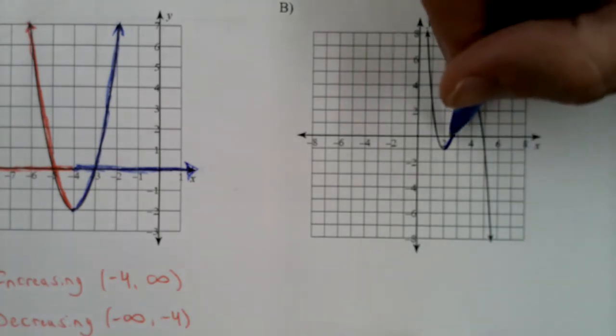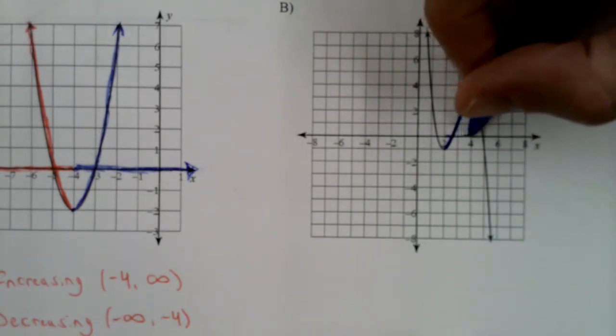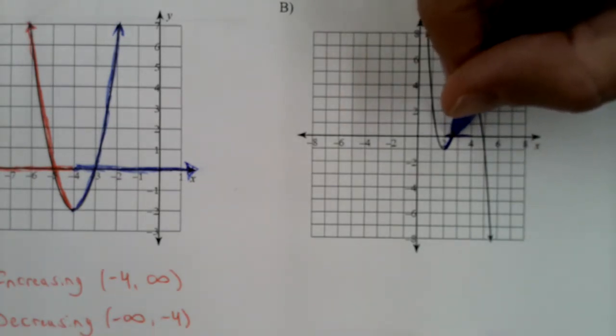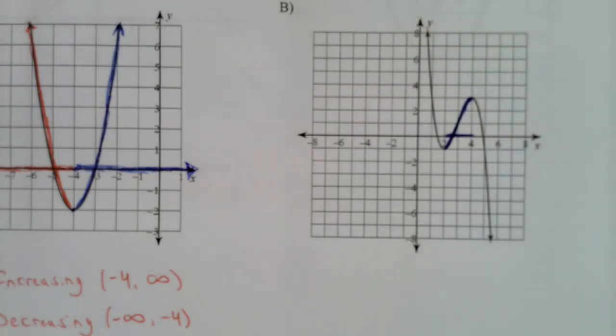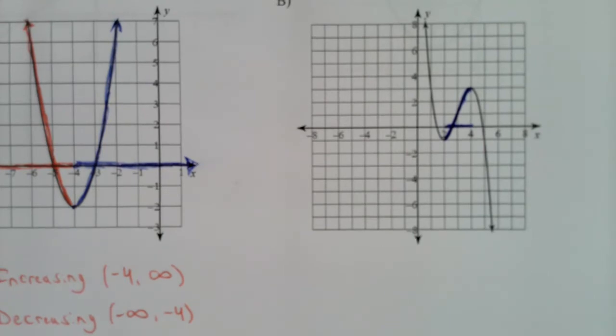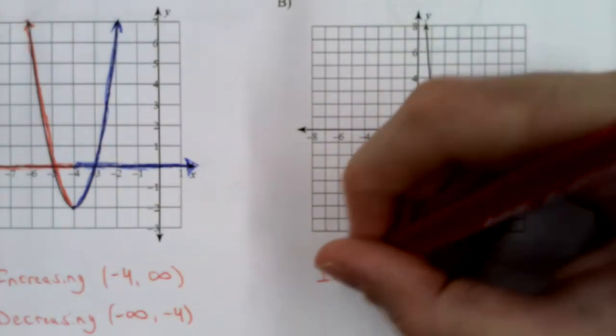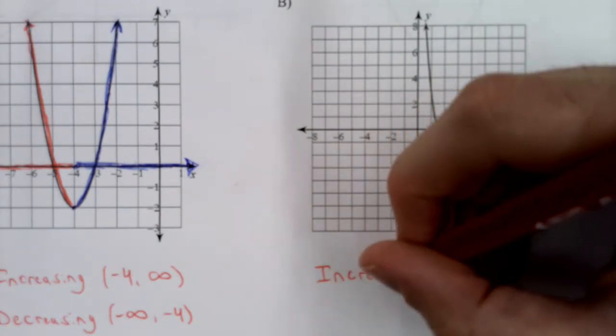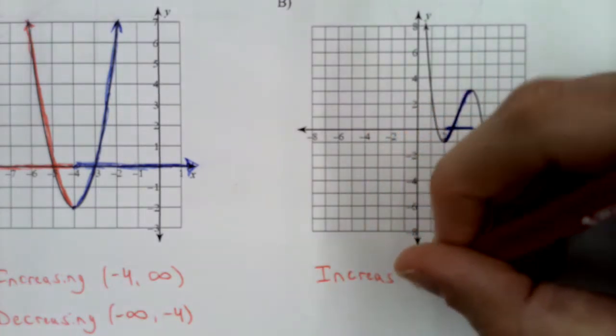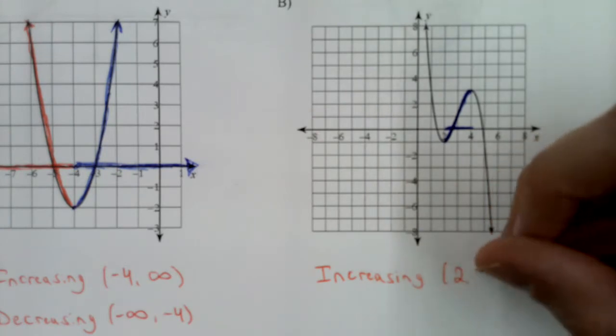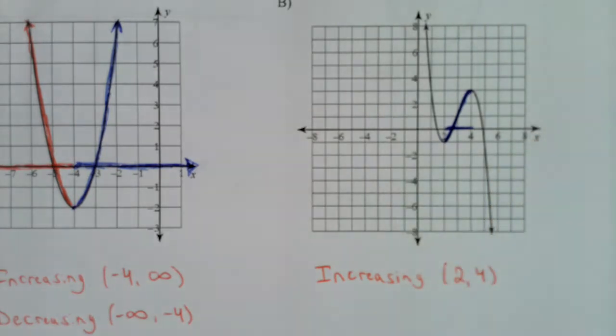So what x values go along with that? Right here from 2 to 4. So that's where it's increasing. It's increasing from 2 to 4. Always write these using parentheses, and you always go by the x values.